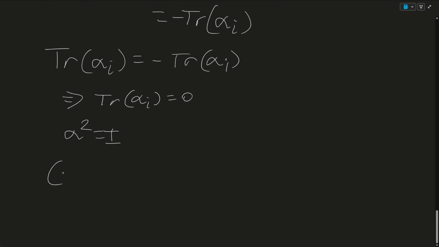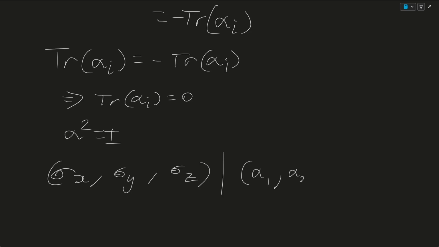So the Pauli matrices are sigma x, sigma y, and sigma z, but we want alpha 1, alpha 2, alpha 3, and beta, where these are the p coefficients and that's the m coefficient.